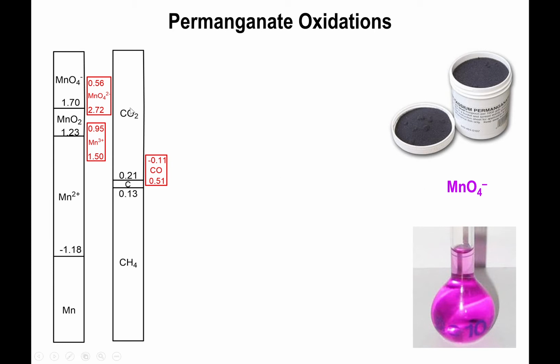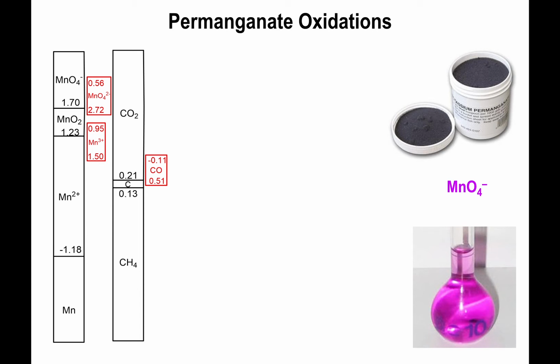All right, so once more, what we're seeing right here are the electron reduction potential diagrams of manganese and carbon. On the top, we have the most oxidized species. On the bottom, we have the most reduced species. And the numbers separating the different intermediates, or the different oxidation stages of manganese, represent the standard reduction potential values.